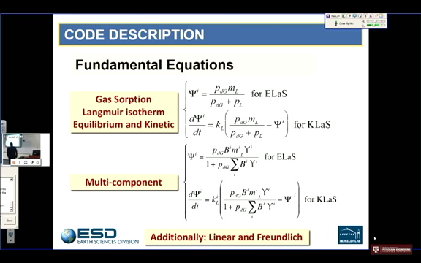You may have multi-component, in which case this is what the sorption equations look like. However, in addition to this, to be on the safe side, the code allows for linear sorption, kinetic and equilibrium, and also Freundlich sorption, also kinetic and equilibrium. So, in short, there is no possibility of having any form of sorption equation which we cannot describe one way or the other.